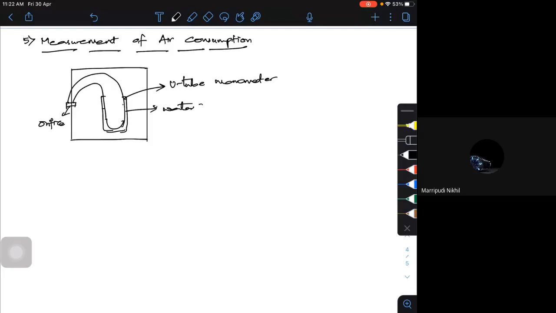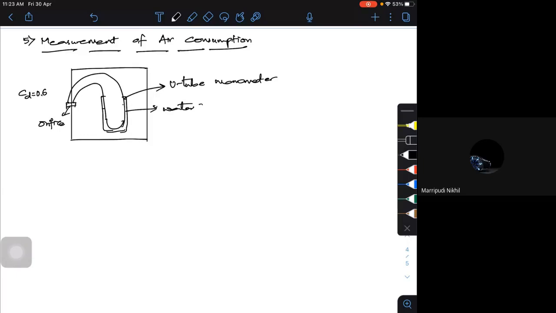The consumption of the air is measured through this orifice, and the delta P across this orifice is taken. Usually the type of orifice we use is a round sharp edged orifice with a CD. We take the CD of this orifice roughly around 0.6 to 0.65, and it's connected to a U-tube manometer, and we'll try to calculate this head.